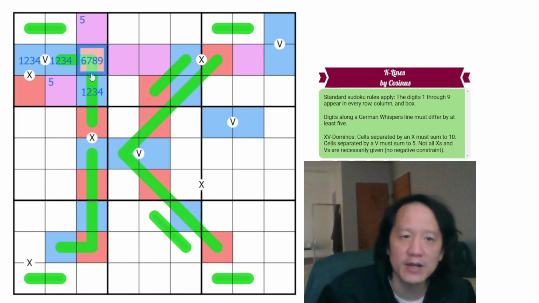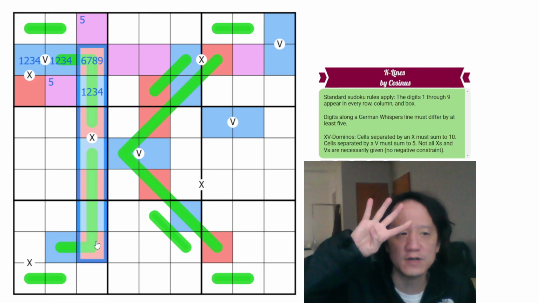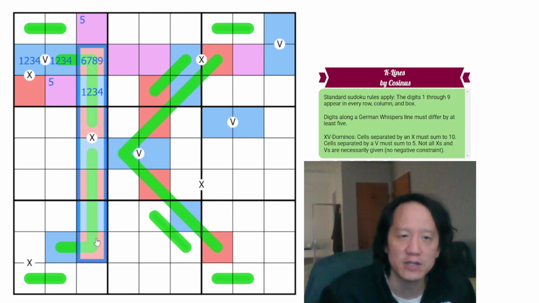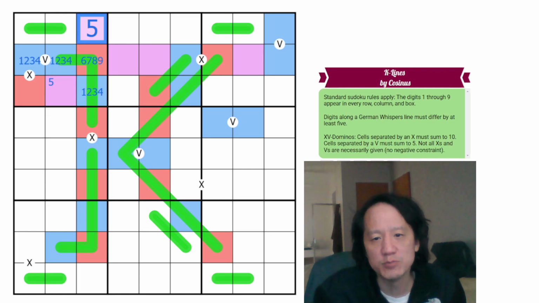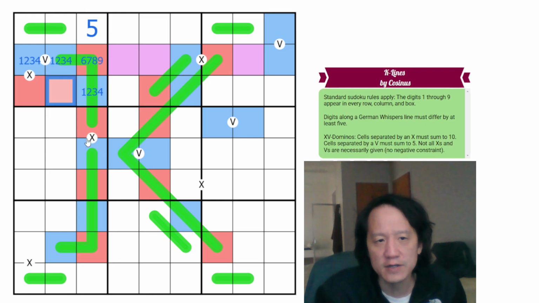But since it can't be a high number because of the 4 cells that contain high numbers in column 3, this cannot be 6, 7, 8, or 9, and therefore must be the 5, which means it's no longer pink because we have it specifically as a 5, and therefore this cannot be 5, and it must be a high number. So we can color that as red.